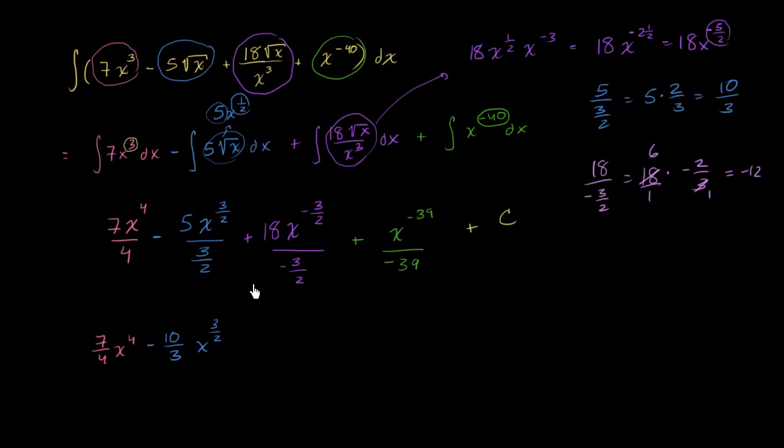So this expression right over here is negative 12 x to the negative 3/2. And then finally, this one right over here, we can just write negative 1/39 x to the negative 39, plus c. And we're done. We found the indefinite integral of all of this craziness.